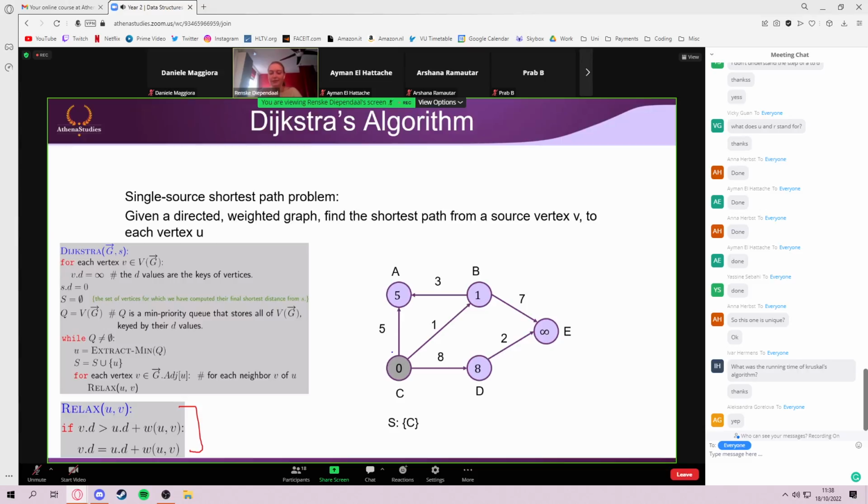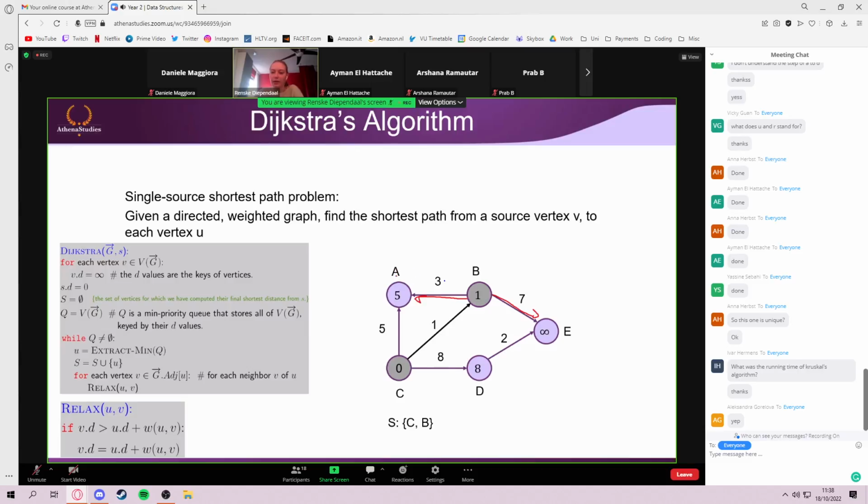So what you do is, if you start from this node, is the value that you have in here smaller than going from the other source plus the weight of the edge to this node? Then we pick the next node with the minimum weight. So you go to 1, we visit this one, and then we once again look at all the neighboring nodes, and we try to relax those as well.